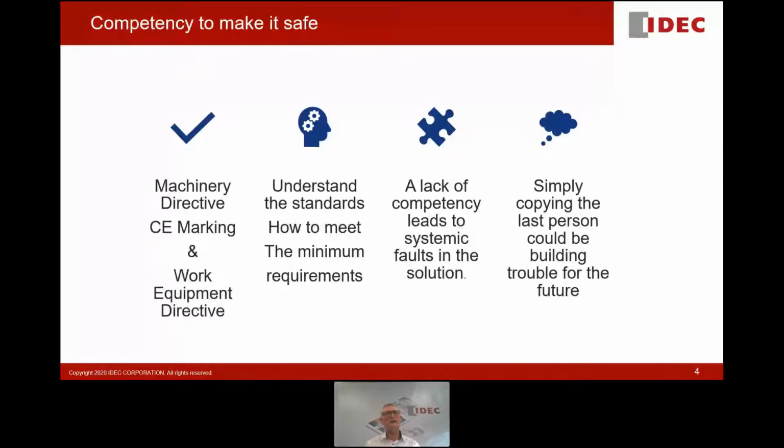And in order to enhance that understanding for both the users of equipment and the people who are producing it to join it together in a line, there are standards. And those standards are there to meet the minimum requirements of the machinery directive.